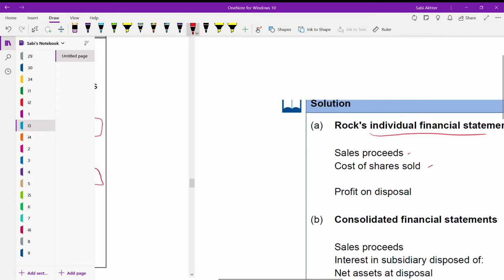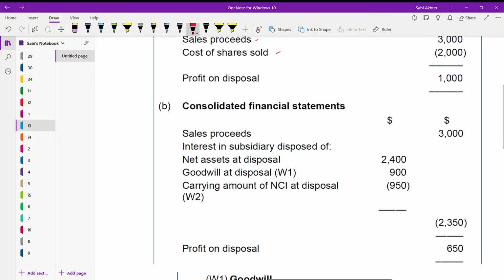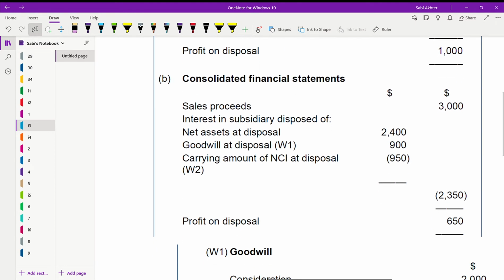But coming to the consolidated financial statements, you need to follow this pro forma. Learn this pro forma, because this is also an area which is frequently asked. For that we need 2 workings. One is for goodwill. The other one is the NCI at the disposal date. So start with the sale proceeds. Here also it is 3 million, sorry, 3,000.